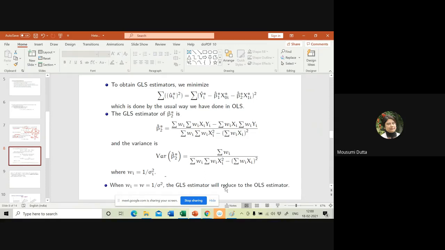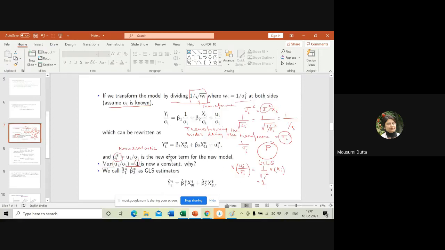So, the formula for residual sum of squares will be given by ui hat star square of that. Is this part, the left hand side, okay to all of you? Are you understanding? This is the model. This is the regression model. yi star is equal to beta 1 x naught I star plus beta 2 x 1 I star plus ui star. This is your transformed model.